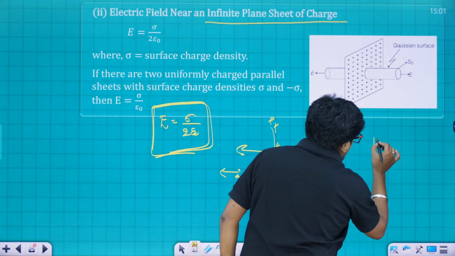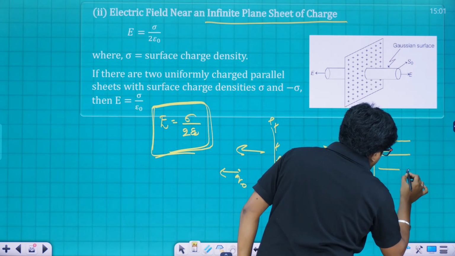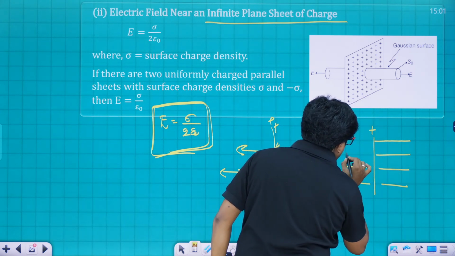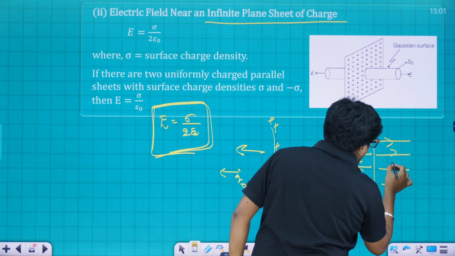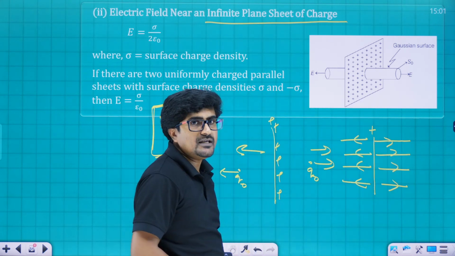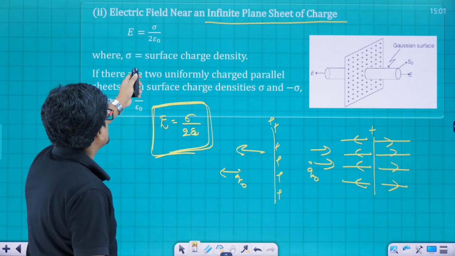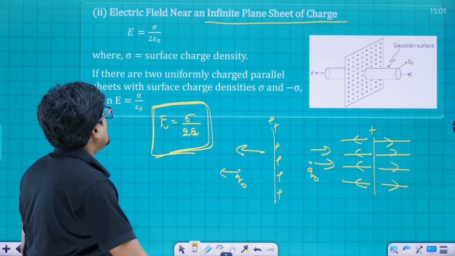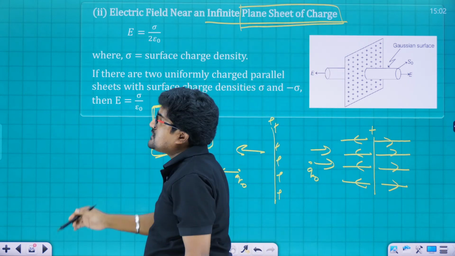So if we represent this using field lines, the distance of separation between the electric field lines must be the same, and they must be parallel to each other. That is again a very, very important piece of information associated to the electric field of a plane sheet charge distribution.